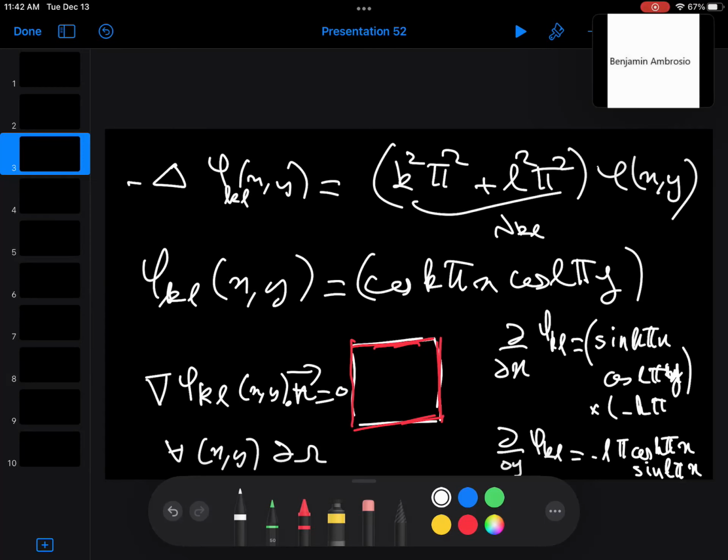Assuming we start here with this part of the domain, let's say AB.